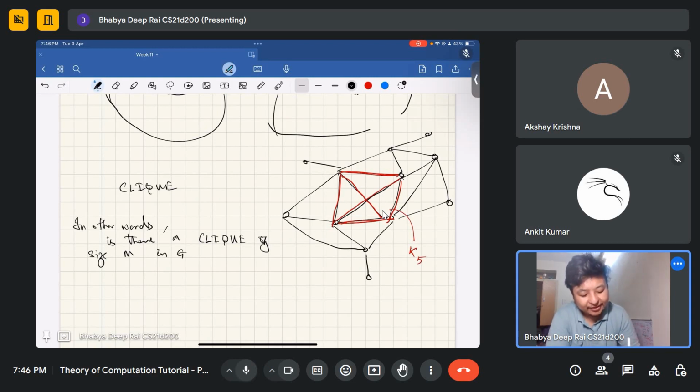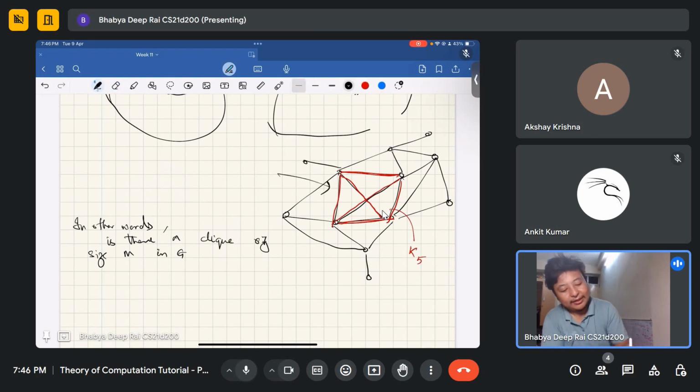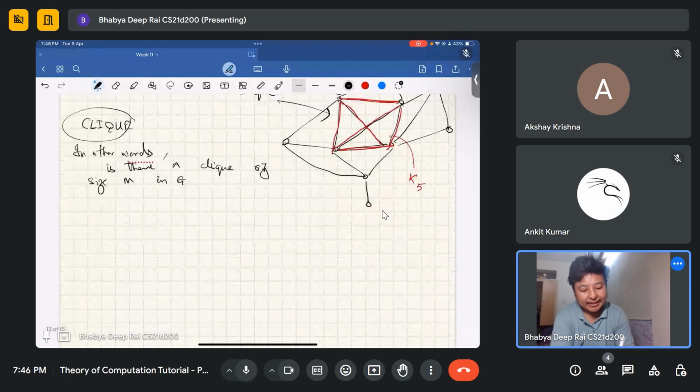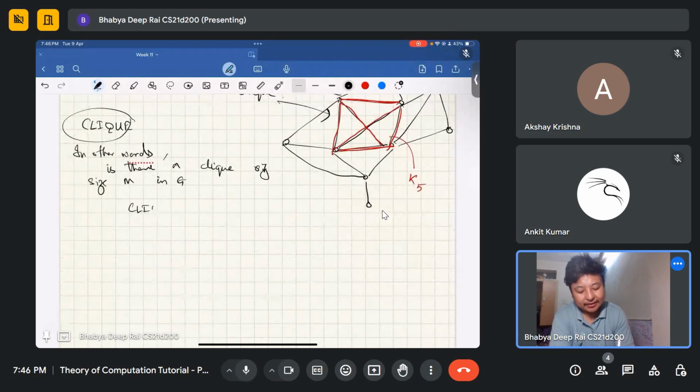This is what is called clique, and this is exactly the clique problem. And it was shown in the lecture that clique is NP complete.